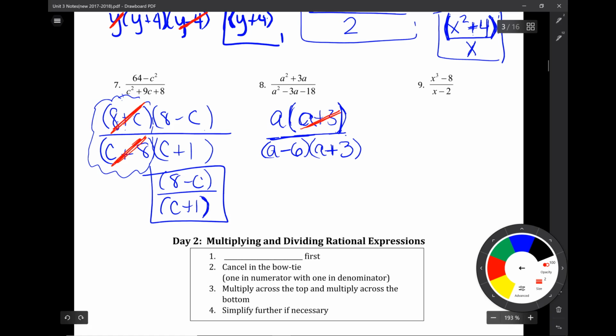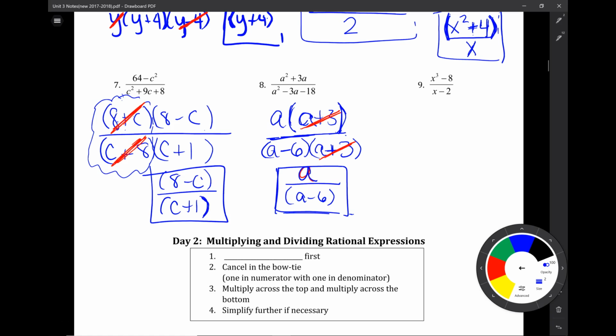The obvious ones are a plus 3 and a plus 3. Those are easy. What I'm worried about is you're going to want to cancel those a's that are left. You cannot. I have an a left in the numerator and an a minus 6. Keep the parentheses around it. You can't break up those parentheses, so hopefully if you leave them there, you won't do it.